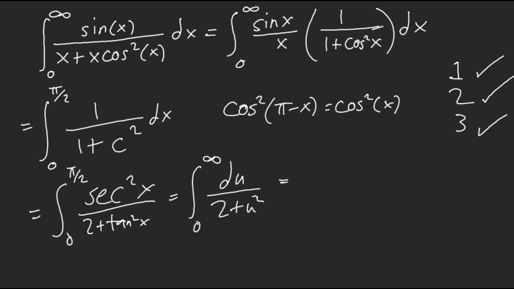And should just be like pi over 2 root 2. And that should be our answer. Okay, so Lobachevsky, very helpful, especially with weird trig integrals with an x underneath. You know, Lobachevsky can be very helpful and get around some ugly integrals very quickly. Okay.